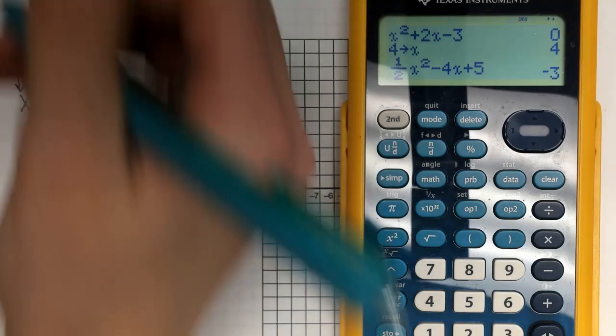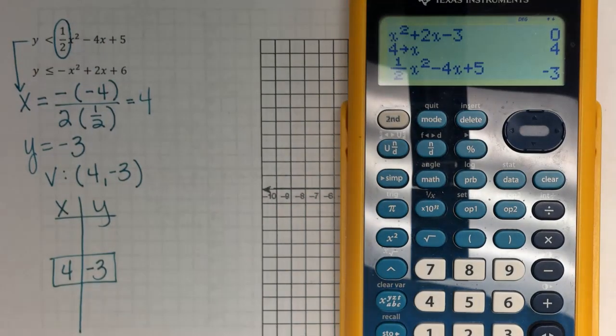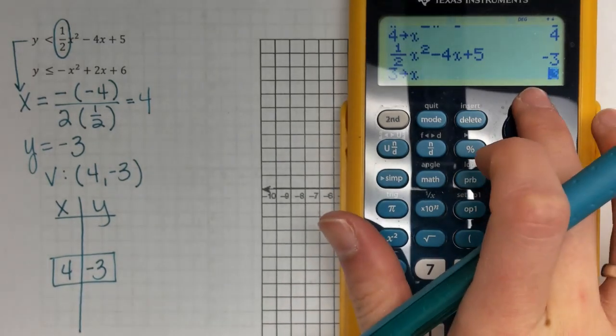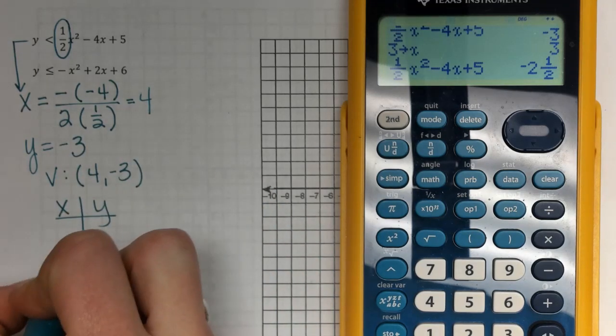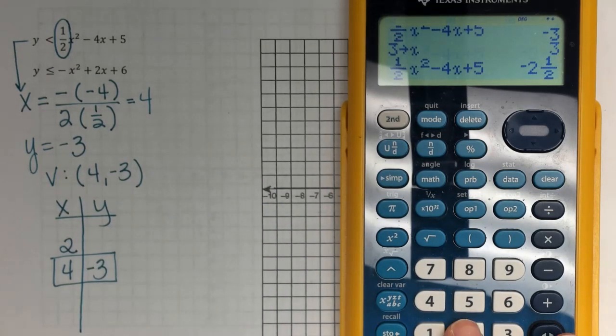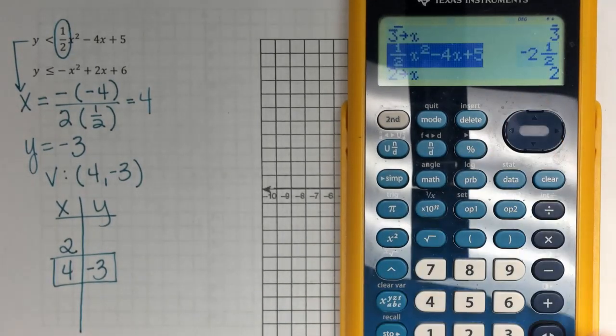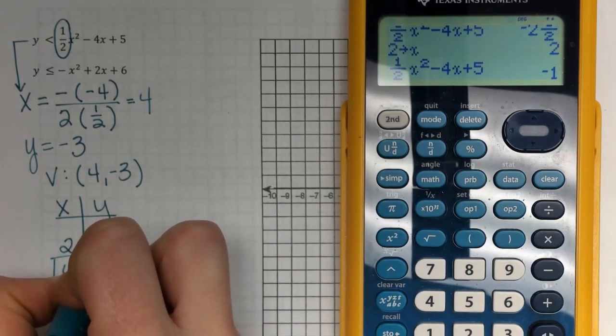Now, remember that when you have a fraction in front of your x squared, what do I have to do in my table? I'm going to skip some of those x values because I want only whole numbers in my table. So if I were to try to do a 3, I would end up getting a fraction. So I'm not going to do 3, I'm going to skip and go to 2. When x is equal to 2, I get my whole number of negative 1.